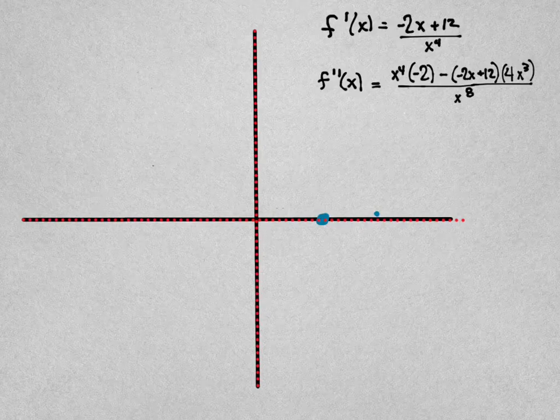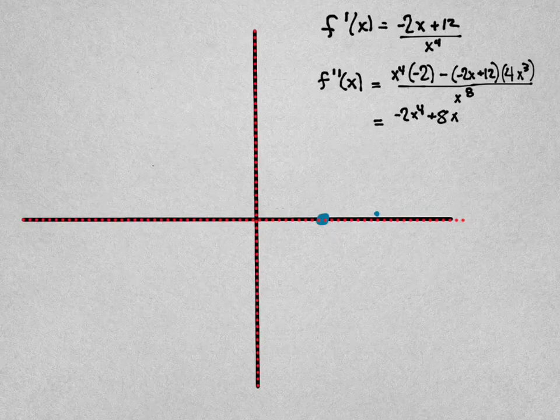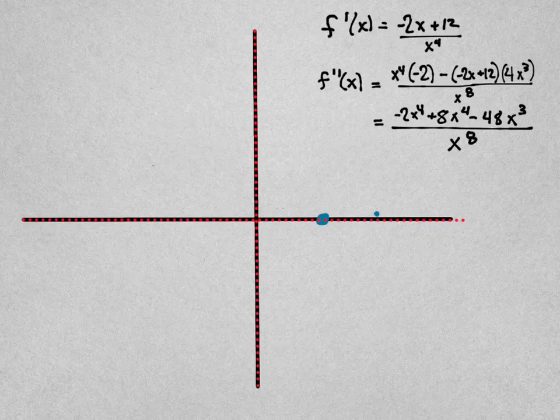So we're going to clean up the numerator, distribute some pieces, simplify where they can combine. I have negative 2x to the 4th, and then it looks like positive 8x to the 4th, and then negative 48x cubed, over x to the 8th.